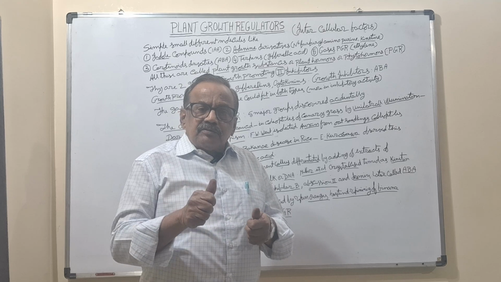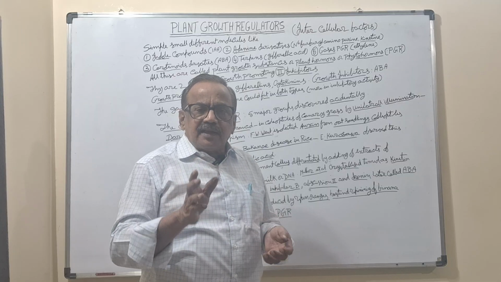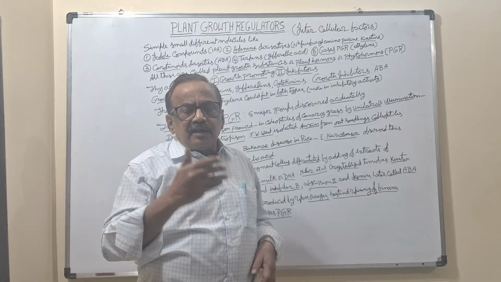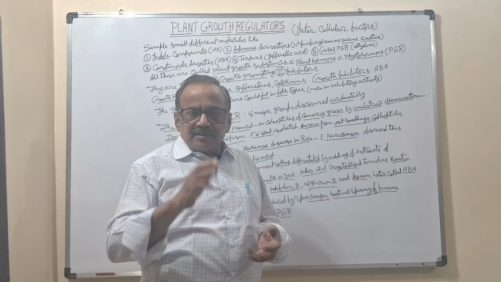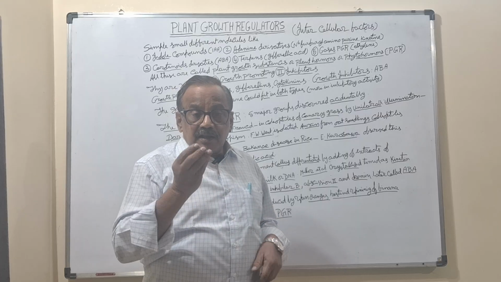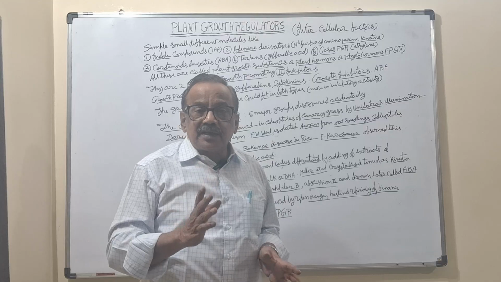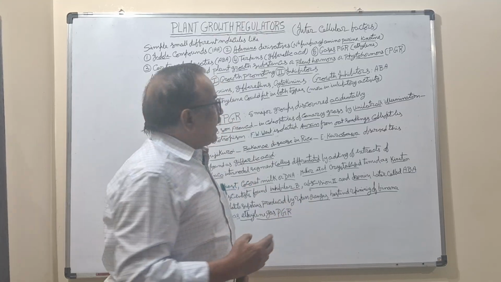Some plant growth hormones are very positive for development. But at the same time, like a brake, whenever there are unfavorable or emergency conditions, that is important too. So they divided them into two groups.